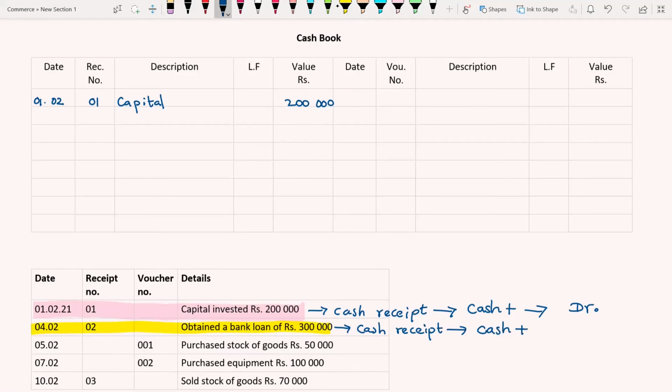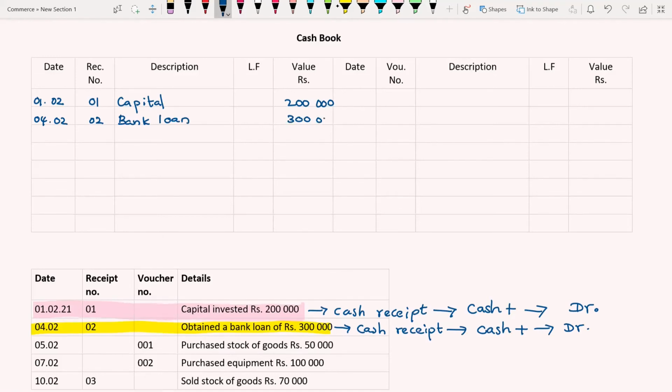So let's debit this transaction in the cash book. 4th of February, receipt number is 02, and description bank loan, the value is 300,000.